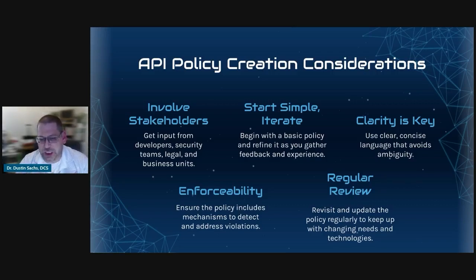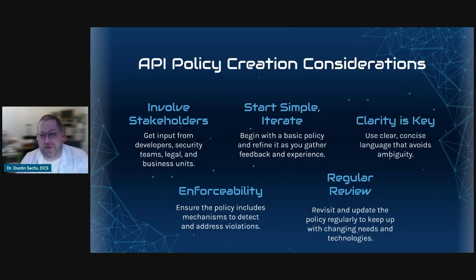Second is start simple and iterate. You don't have to boil the ocean in your first policy. Your first policy does not need to address every possible scenario for your organization. Create a basic policy. Create a good enough, a minimum viable product for a policy, and then iterate on it.